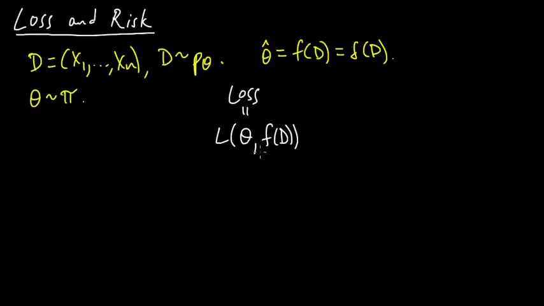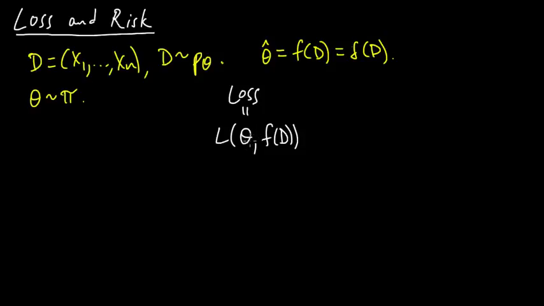Now, when we're doing decision theory, we want to minimize our loss. But this is not really a completely well-defined problem because these are random variables. Theta is a random variable and d is a random variable. So what does it mean to minimize the loss? Well, we have to do something else. We have to take an expected value or something.